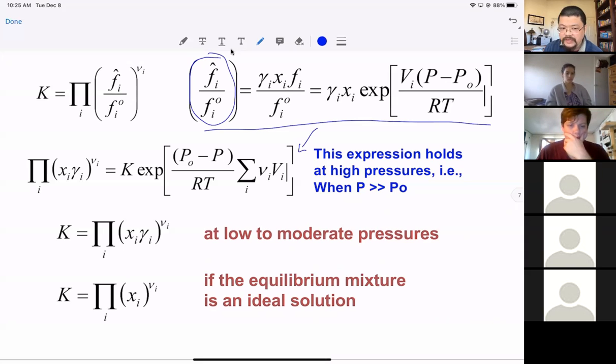And I have this very general expression will hold even at high pressure. So that is indeed the discussion of the Poynting correction factor, right? So for the exact calculation, then you just need to go for this.